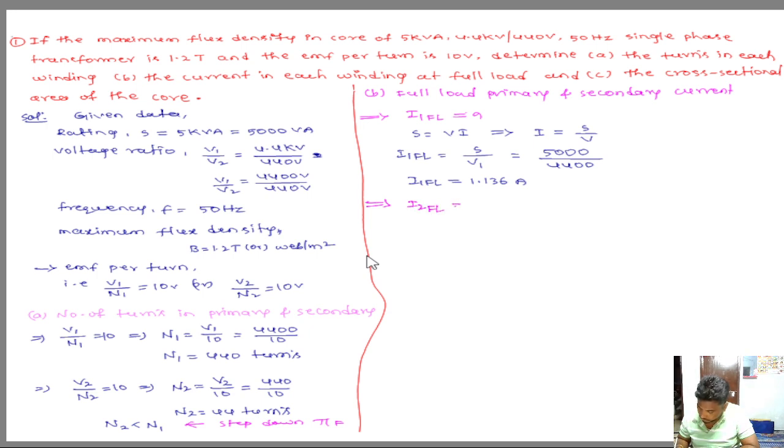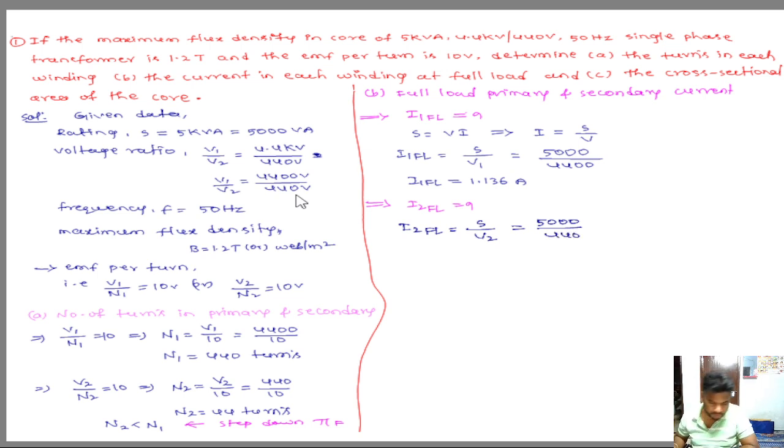From the rating of the transformer, we write the formula for I2 full load: I2 full load is equal to S by V2. Now we consider the secondary voltage to calculate the secondary full load current. That is 5000 divided by the secondary voltage, which is 440.